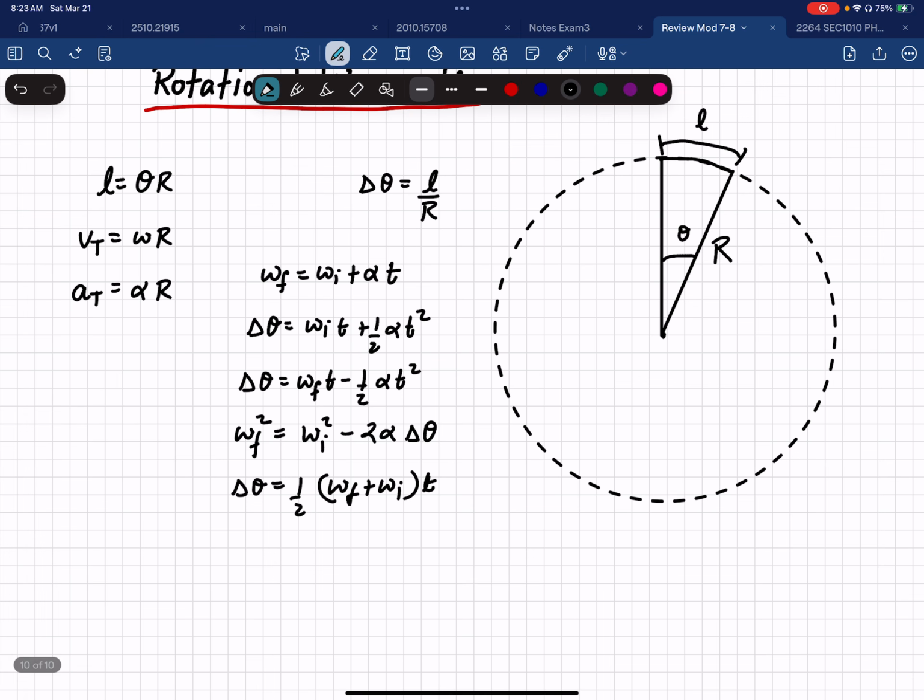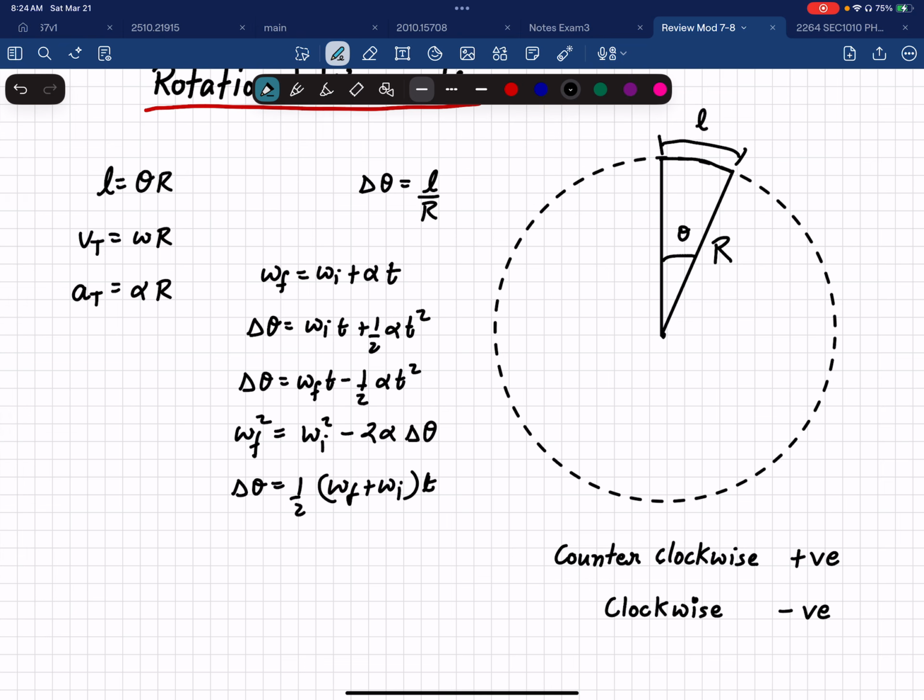Yeah. Okay. Two more things. Since this is a vector, although it is a one-dimensional vector, the convention is counterclockwise is positive, and clockwise is negative.